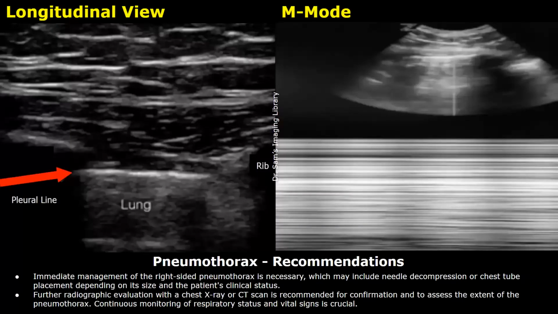Immediate management of the right-sided pneumothorax is necessary, which may include needle decompression or chest tube placement, depending on its size and patient's clinical status. Further evaluation with a chest X-ray or CT scan is recommended for confirmation and to assess the extent of the pneumothorax. Continuous monitoring of respiratory status and vital signs is crucial.